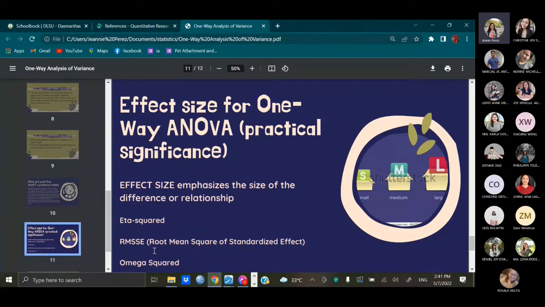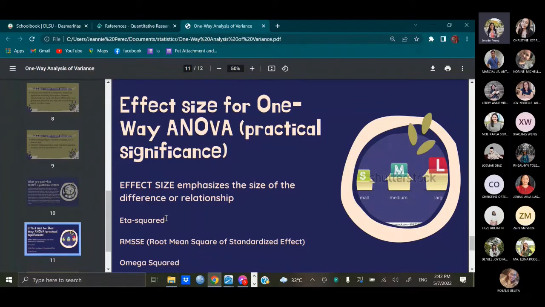Now, there are three kinds of effect sizes that RealStat will tell you. We have here the eta squared, the RMSSE, the root mean square standardized effect, and the omega squared. The eta squared is also like the R2 or R squared, the coefficient of determination.